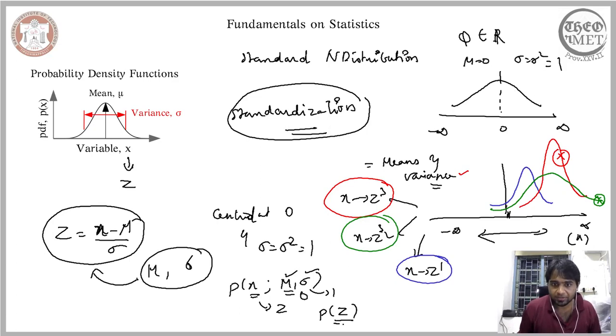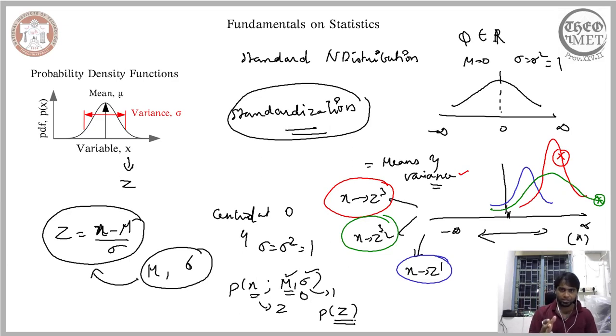So ultimately the function is dependent on z alone. This is a way of translating any normal distribution to the standard normal distribution, and this is what we refer to as standardization.